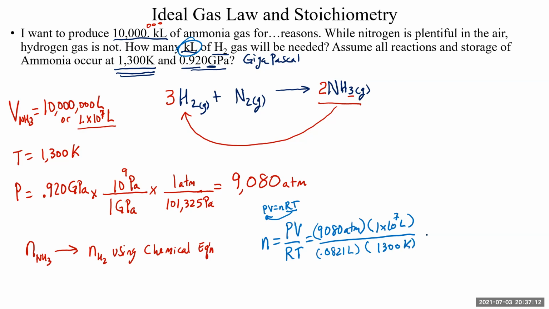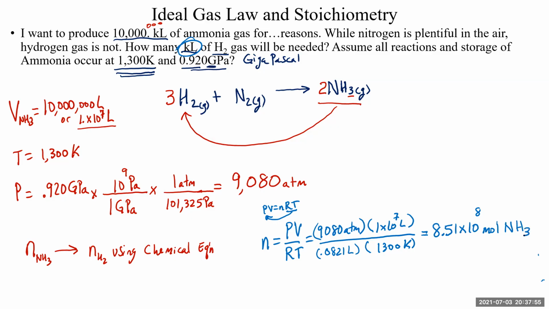This is still going to be a big number. It doesn't matter how big the kelvins are on the bottom; we have huge numbers on top. So that's 9,080 multiplied by 1 times 10 to the 7th, divided by 0.0821, which just makes things bigger, divided again by 1,300, and that gets us 851 million, or 8.51 times 10 to the 8th moles of ammonia.